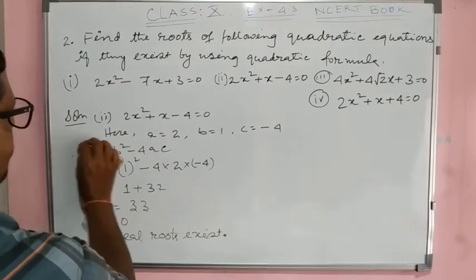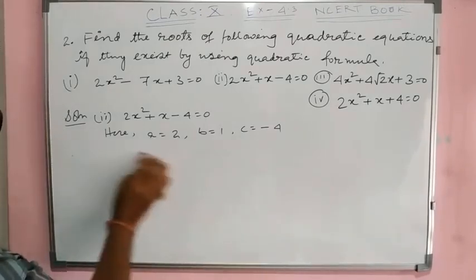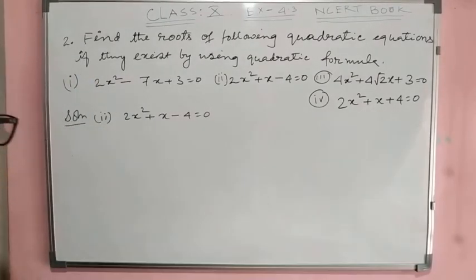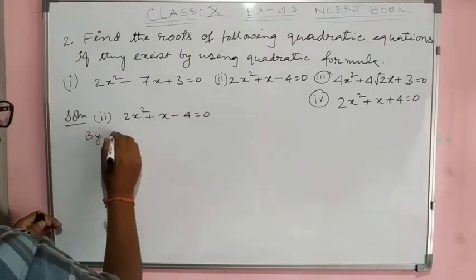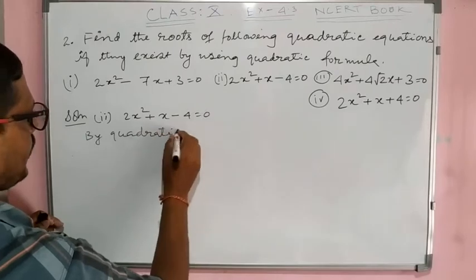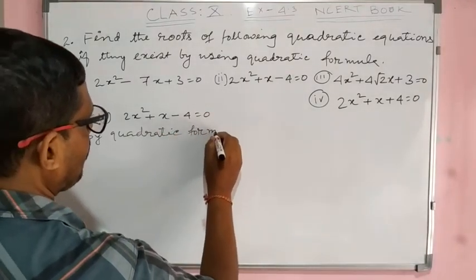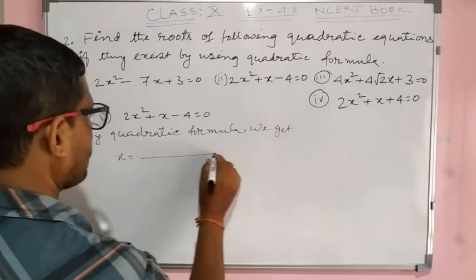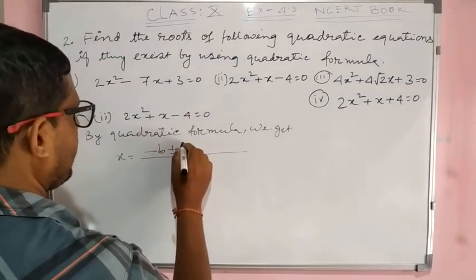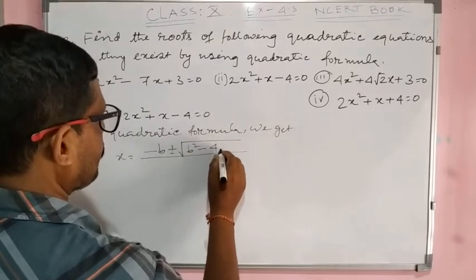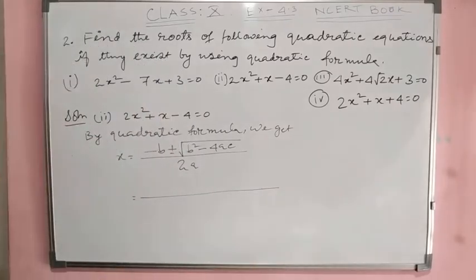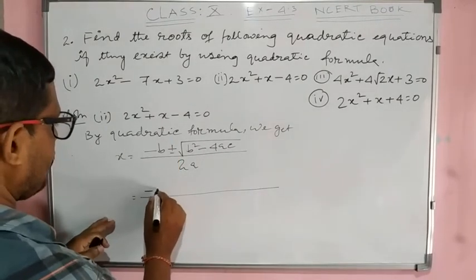By the quadratic formula we get x equal to minus b plus minus root over b square minus 4ac, by twice a. b is 1, so minus 1.